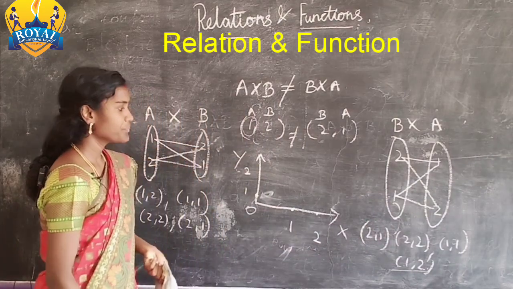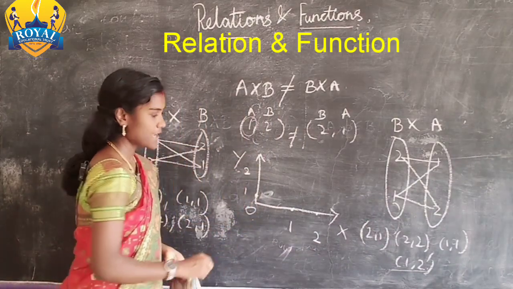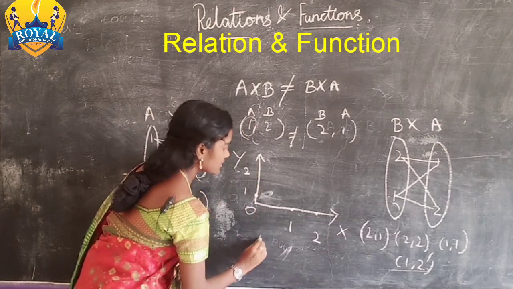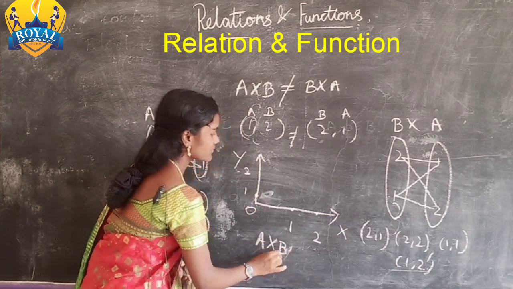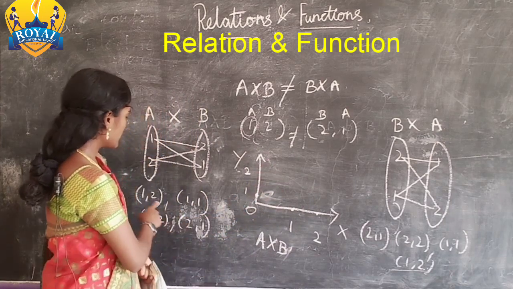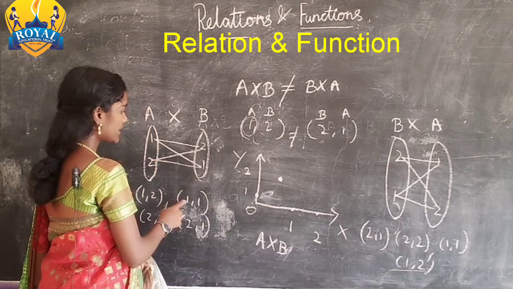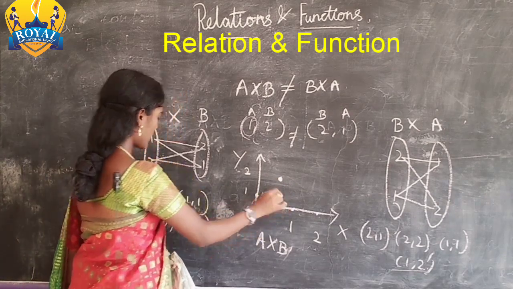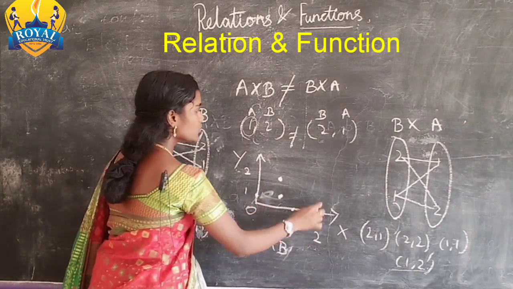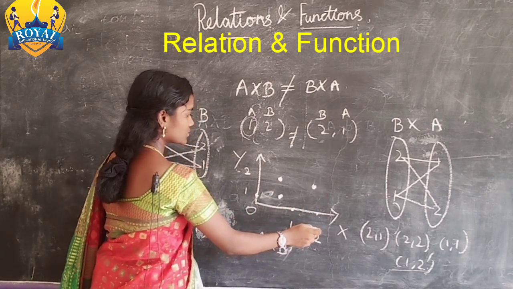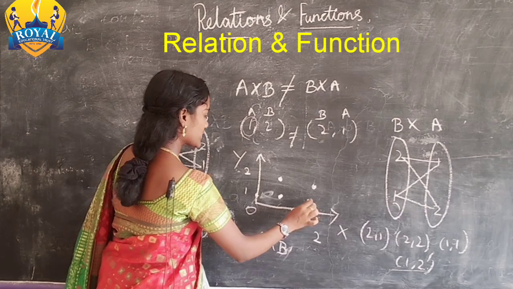For example, I will mark it on the graph. On the x axis, first I am going to mark A cross B in the Cartesian plane. First (1, 2), then (1, 1). Here (2, 2) and (2, 1).